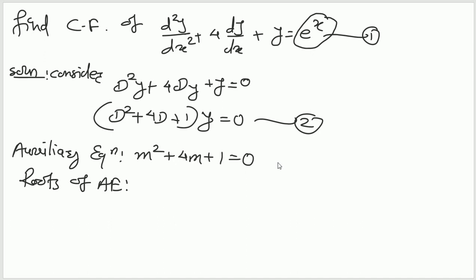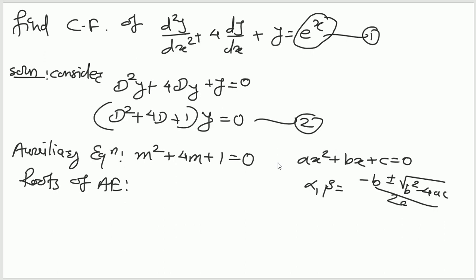This is a quadratic equation and we know how to find roots of a quadratic equation. We have to compare this with ax square plus bx plus c equals to 0 and the roots, let's say alpha, beta, are minus b plus or minus under root b square minus 4ac upon 2a. So let's use it here.